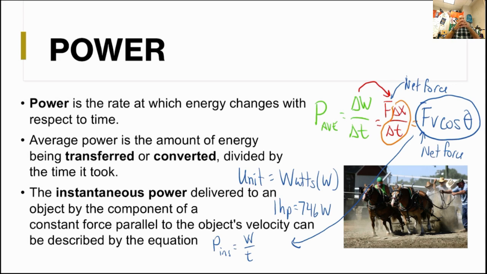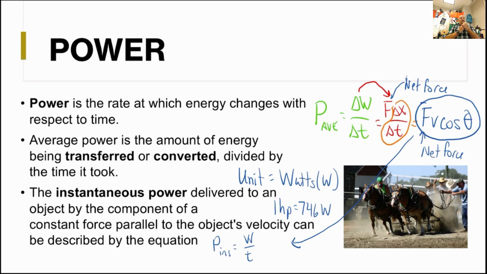You should see this unit if you do electricity and magnetism in AP Physics C, because this is also electrical power, where they give us the wattage for light bulbs, right? 60 watt, now they've got 7 watt, 23 watt light bulbs. So again, that's the electrical energy transferred over time.